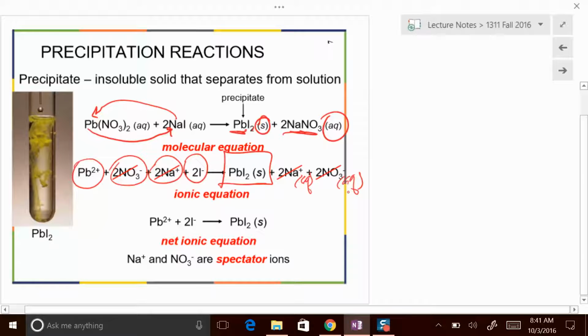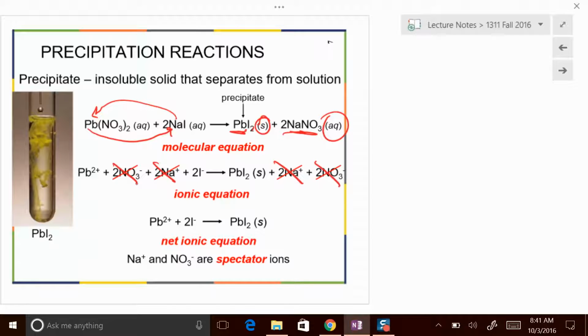And then I look at the things that did not participate in the reaction versus the things that do, and I eliminate everything that did not participate. So what's left? This is what's left. Lead 2 plus and 2 I minus produces lead iodide, PbI2, solid.